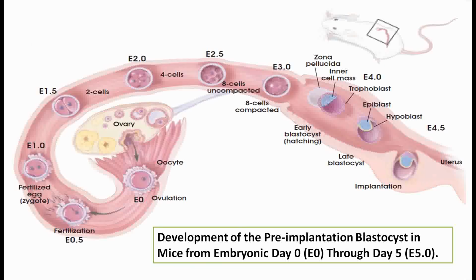Here in this diagram you can see the development of the pre-implantation blastocyst in mice. We have already seen it in case of humans. Now here you can see the development in case of mice. From day 0, known as E0, through day 5, known as E5.0.